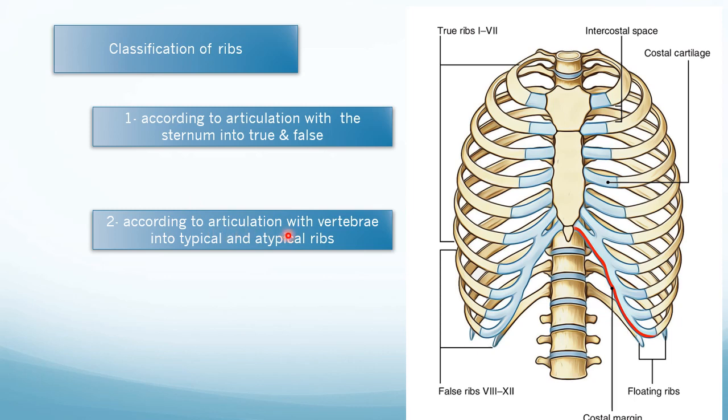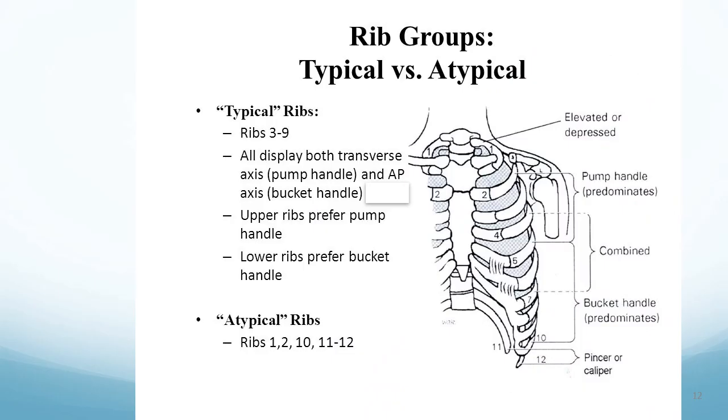Another classification is according to articulation with vertebrae, into typical and atypical ribs. Typical ribs include ribs from 3 to 9. All typical ribs display both a transverse axis, the bucket handle, and an anteroposterior axis, the pump handle. The ribs move in two directions.